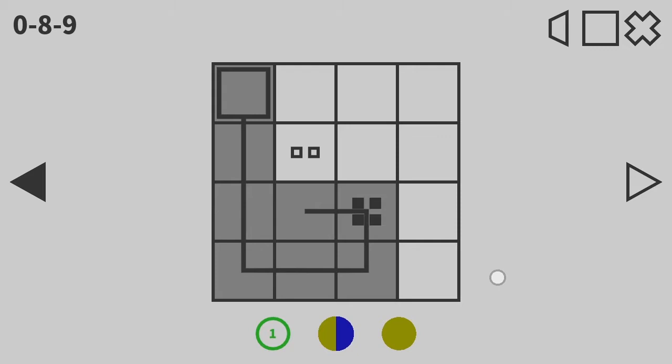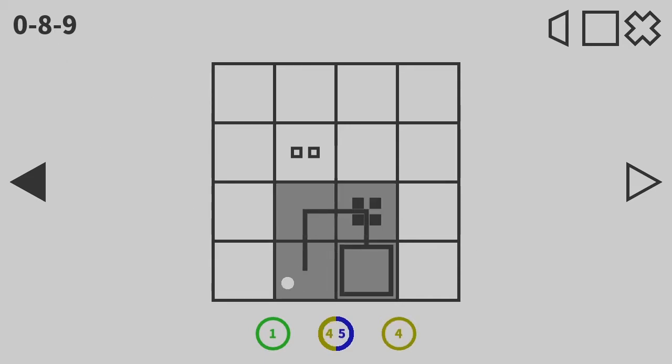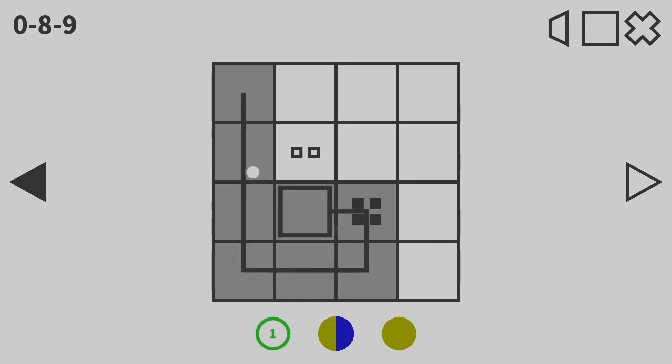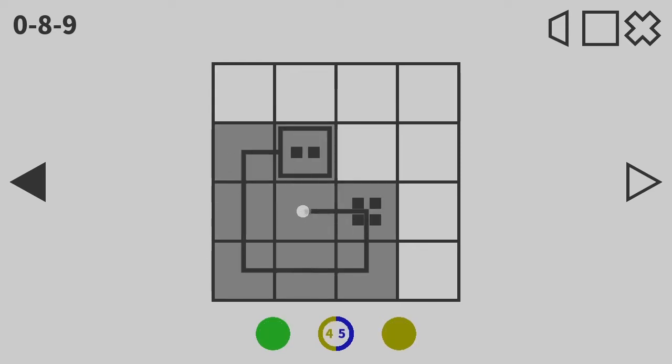So it's not to do with line lengths, like line segment lengths. In fact, if I do this any other way, it also is fine.